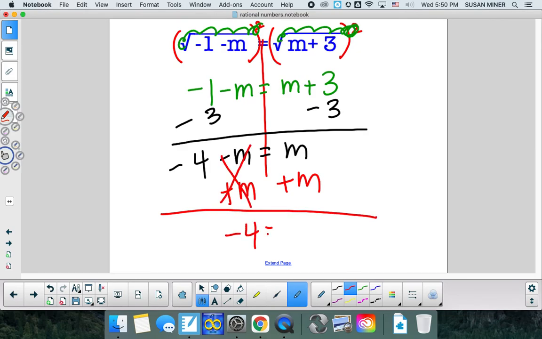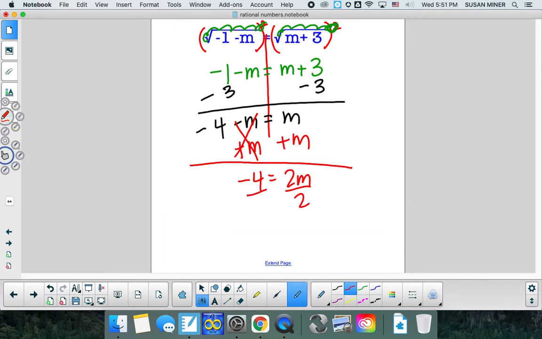Negative 4 is equal to 2m's. Divide by 2. And m is equal to negative 2. Okay, so I'm just doing regular old equation solving there. I didn't do anything fancy except for maybe the very first thing that I did up here where I canceled out the square roots with squareds.